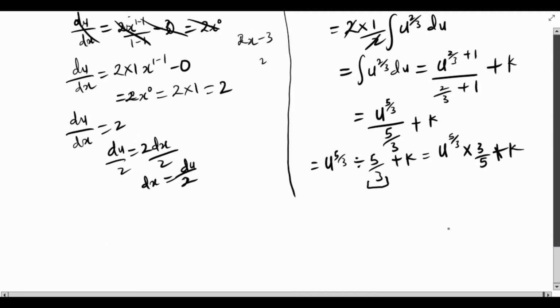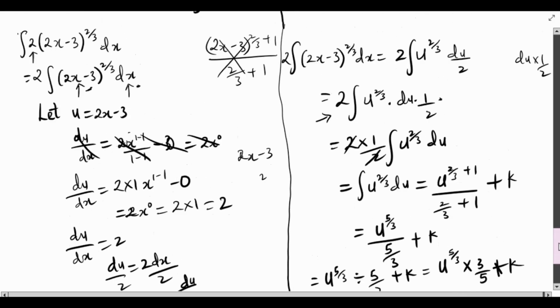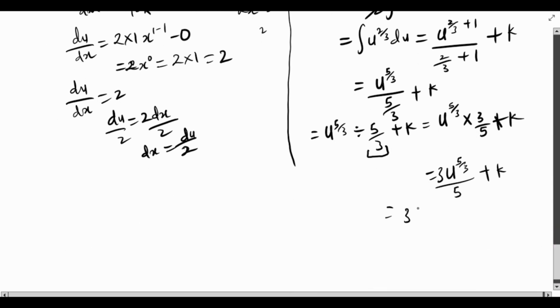So this is 3u to the power of 5 over 3 divided by 5 plus k. Remember to substitute back your u. What's u? u is 2x minus 3. So this is 3 times (2x minus 3) to the power of 5 over 3, over 5, plus k. That's your answer.